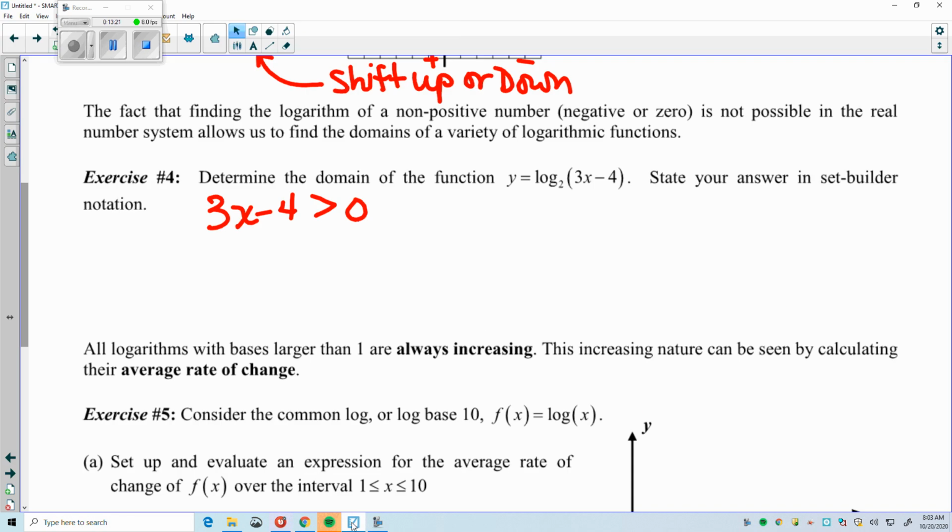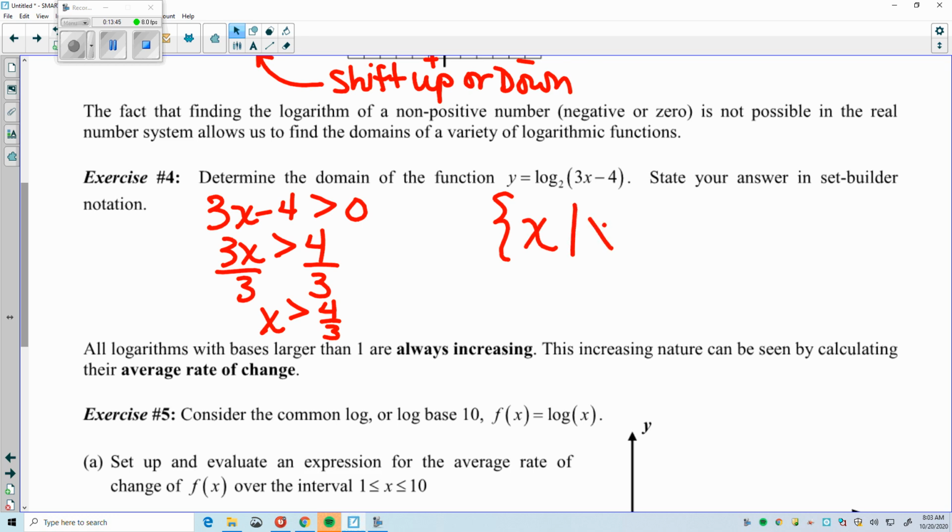If I were to solve this, I could add over the 4 and divide by 3, and that would get me x being greater than 4/3. So if we were to write this in set builder notation, we have our squiggle brackets, and I would say x such that x is greater than 4/3.